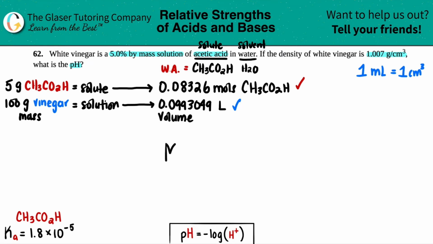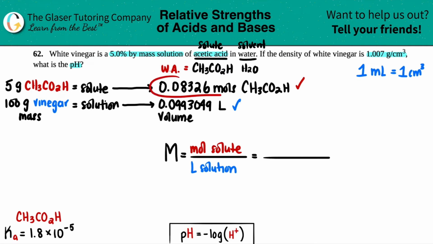Molarity, just like we said before, equals something over something. It's the moles of the solute divided by the liters of solution. So that's why we had to do all this hard work, because the moles of the solute is what we found up top here, 0.08326.